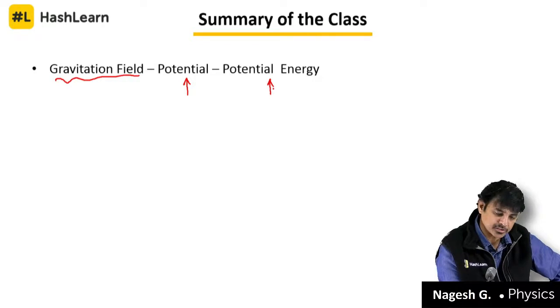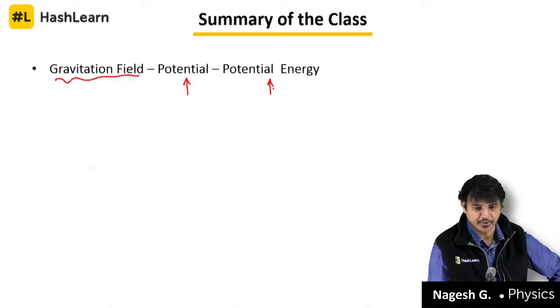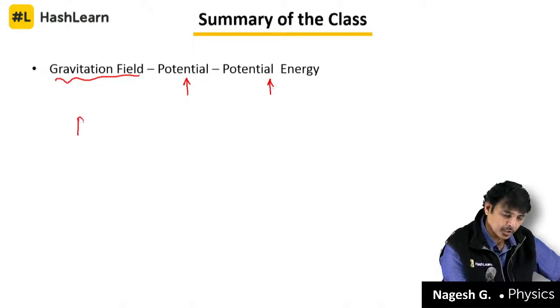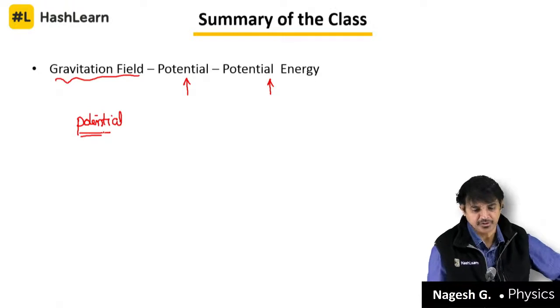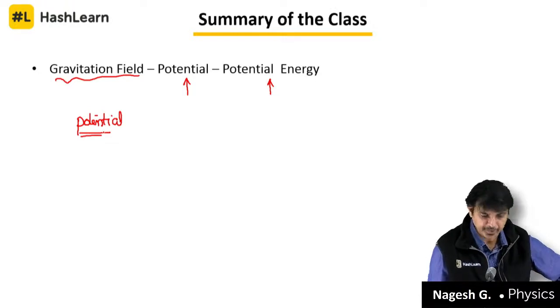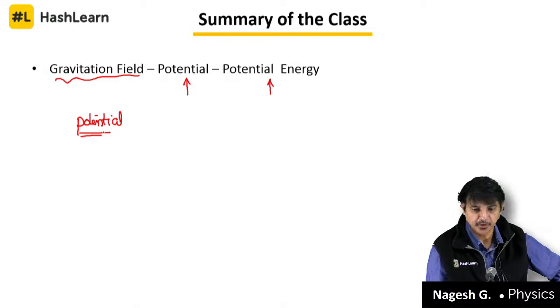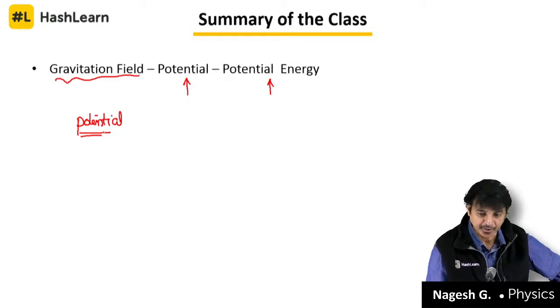The gravitational potential at a point is defined as, see how the definition can be applicable for problem solving. The gravitational potential at a point can be defined as work done in bringing unit mass from infinity up to the point under consideration.